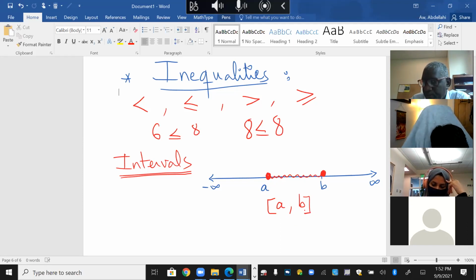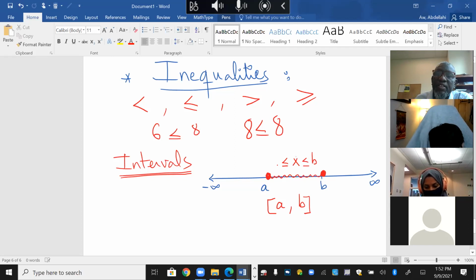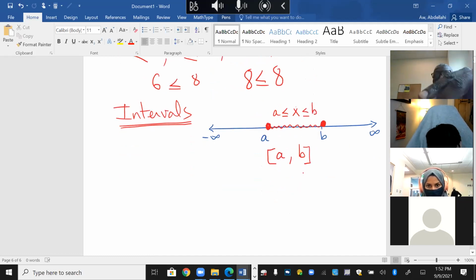On the number line, we put a solid circle, a full circle. And if x is somewhere in between, x must be less than B, and x must be greater than A. That is a closed interval.